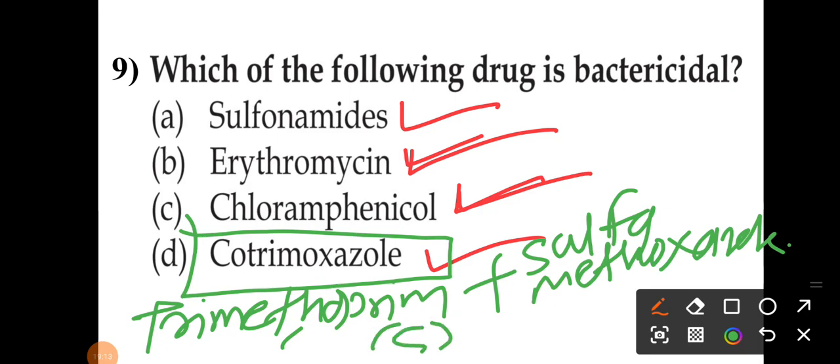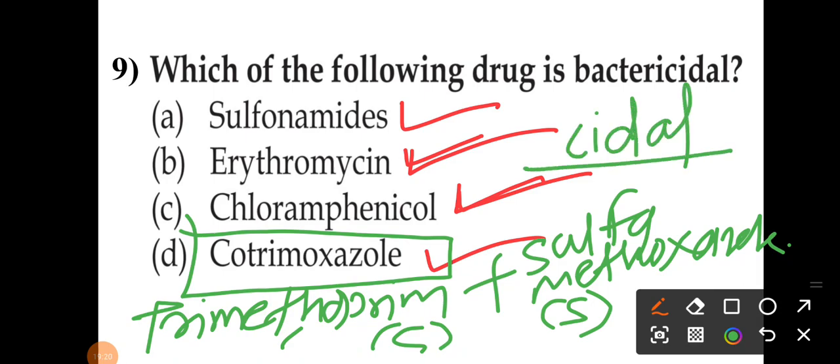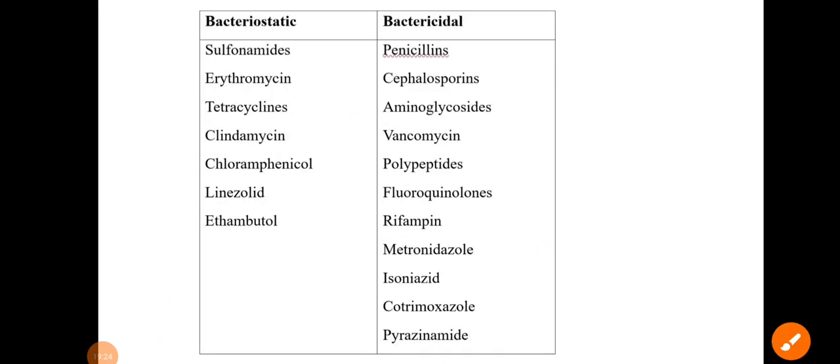This is also static and this is also static, but the combination of these two is cidal in nature. Okay, so very important. Here is the list of bacteriostatic and bactericidal drugs. Previously also we have seen according to the static or the cidal effect. So please go through it once.